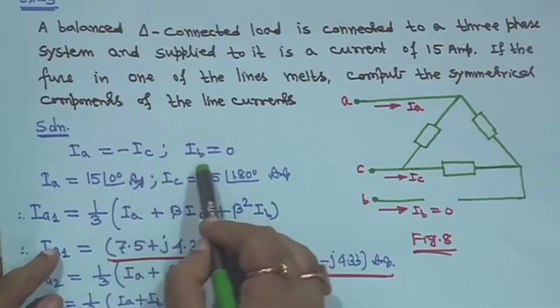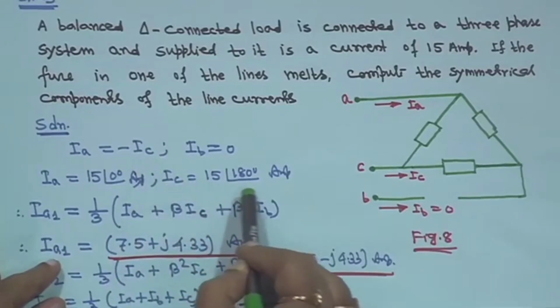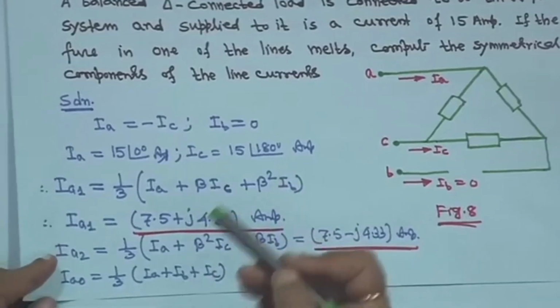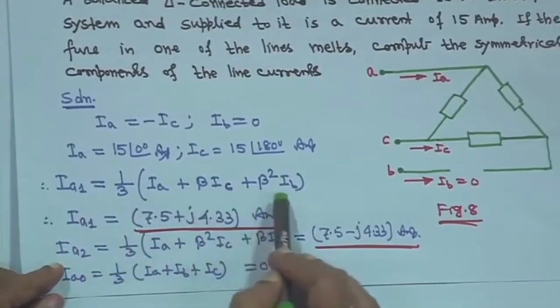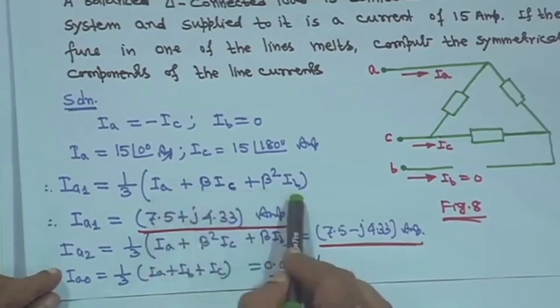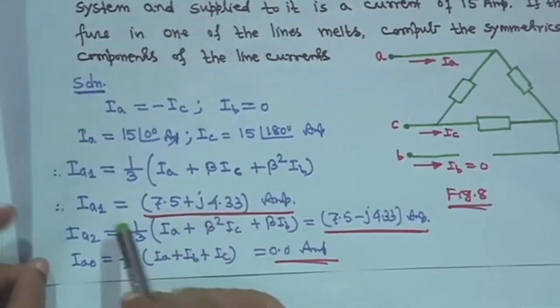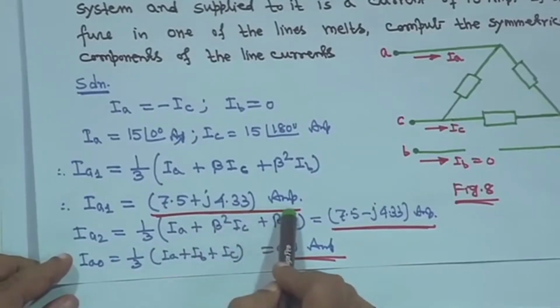In this case IB is equal to 0, therefore IC is equal to 15 angle 180 degree ampere. We know the relationship IA1 is equal to 1/3 (IA plus beta IB plus beta square IC). You substitute all these values, IB is anyway 0, and the beta angle. So you will get IA1 is equal to 7.5 plus j 4.33 ampere.